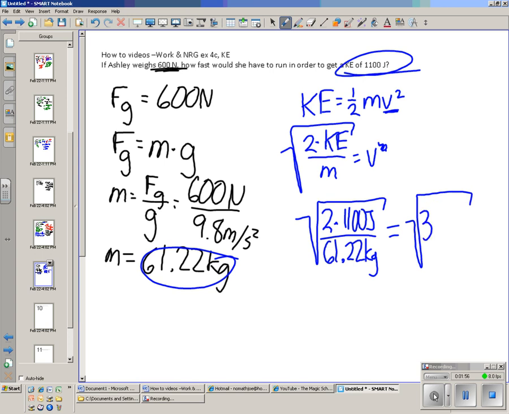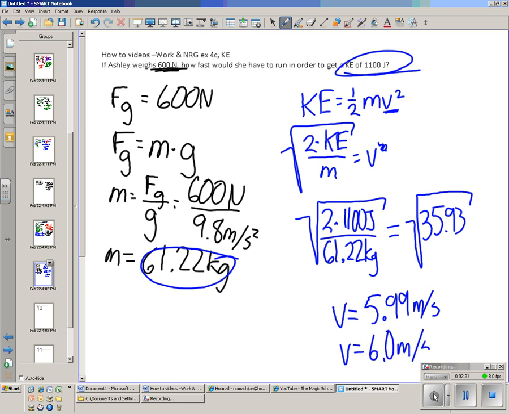I get 35.93. I take the square root, and I get the velocity is equal to, well, it could be plus or minus, but I'm just going to assume it's positive, 5.99 meters per second, or velocity is, let's just say 6.0 meters per second.